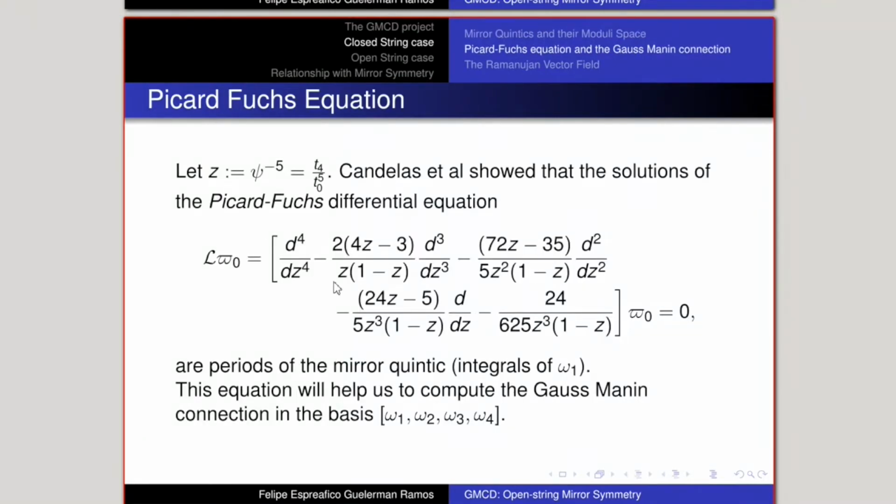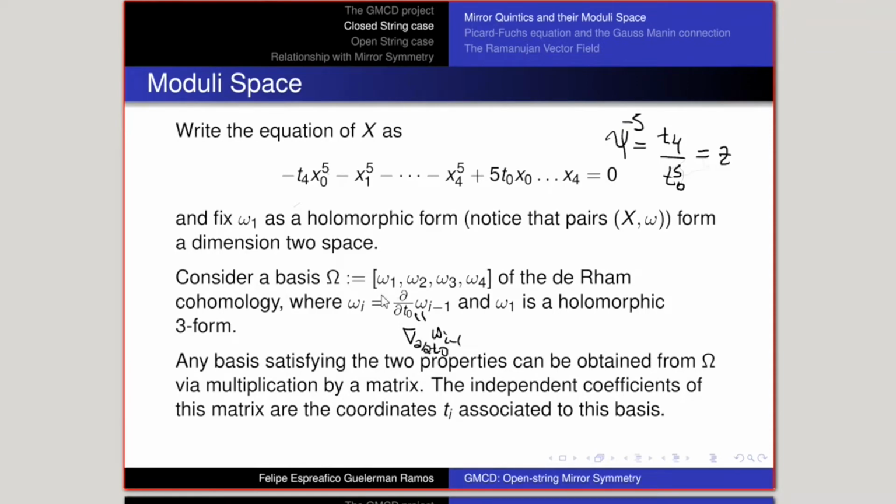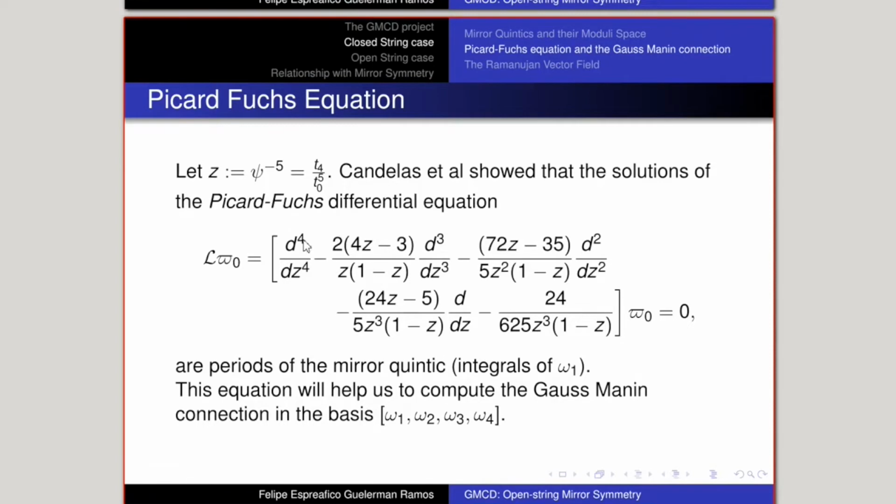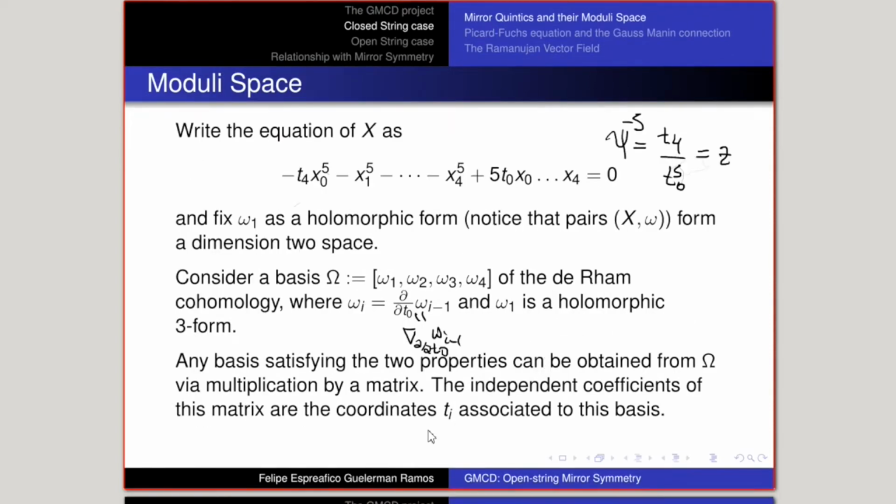The next step is to compute the Gauss-Manin connection. These derivatives are easy to compute because everything is pretty explicit, but we need to compute the Gauss-Manin connection matrix in these coordinates Ti.